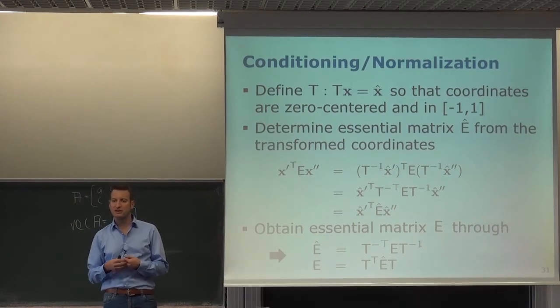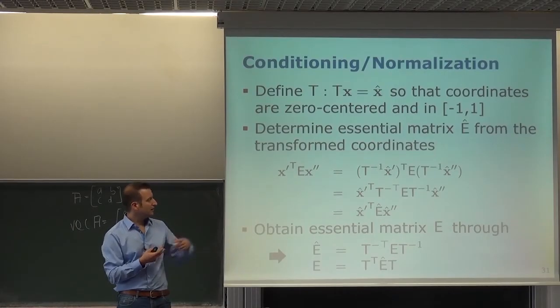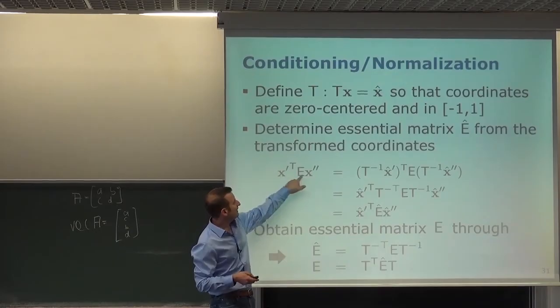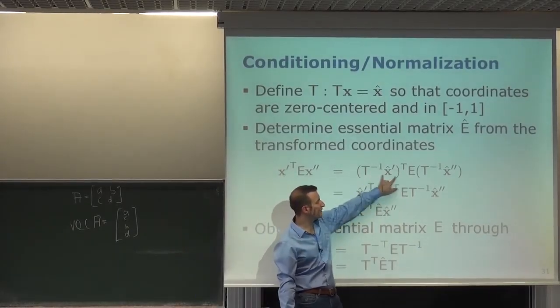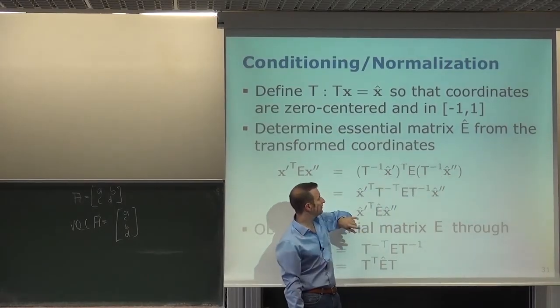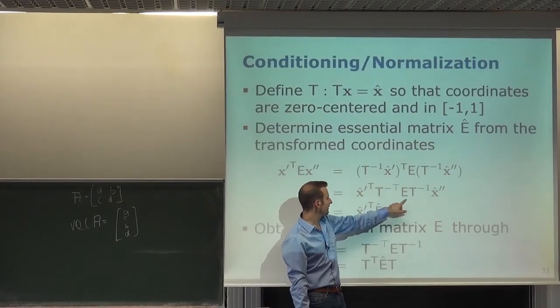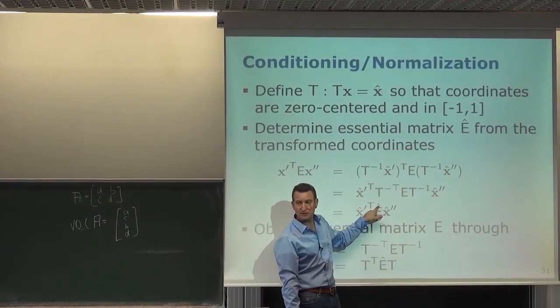But what I then need to do is turn it back into the original system. If I have my essential matrix from the original points, I transformed my points with my transformation T, turn that into X hat, and then I get this E hat or F hat over here.